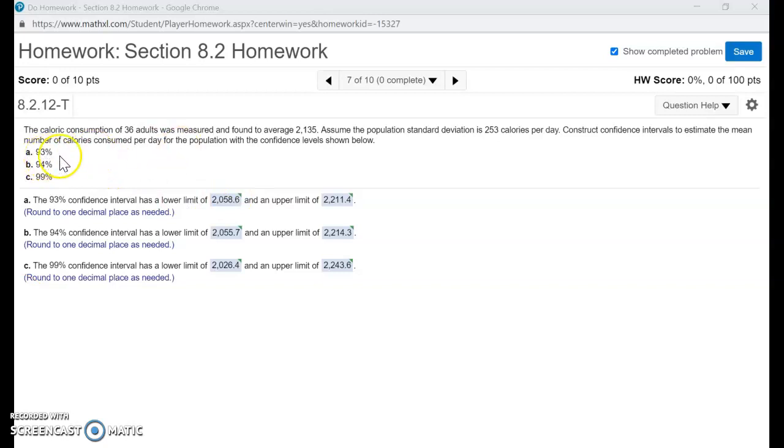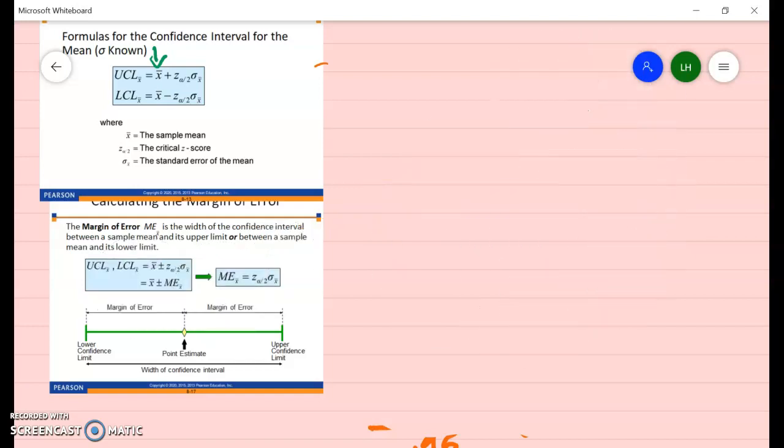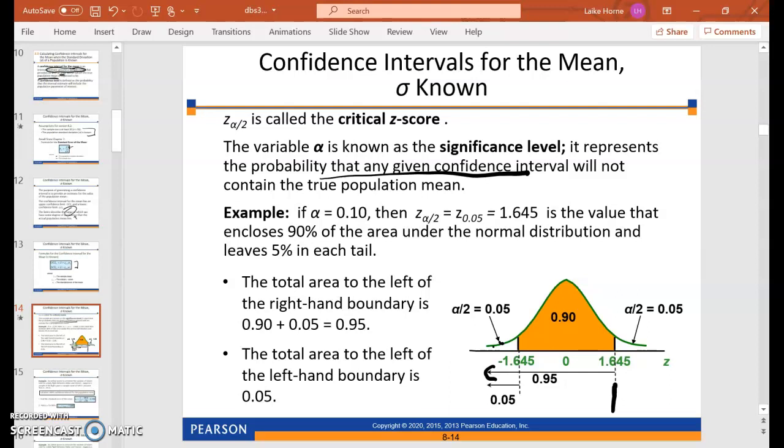Question 7 is the same way, except they're giving you your confidence level of 93%, and you have to do 1 minus that. Remember, the confidence level is the probability that the confidence interval will contain the true mean.